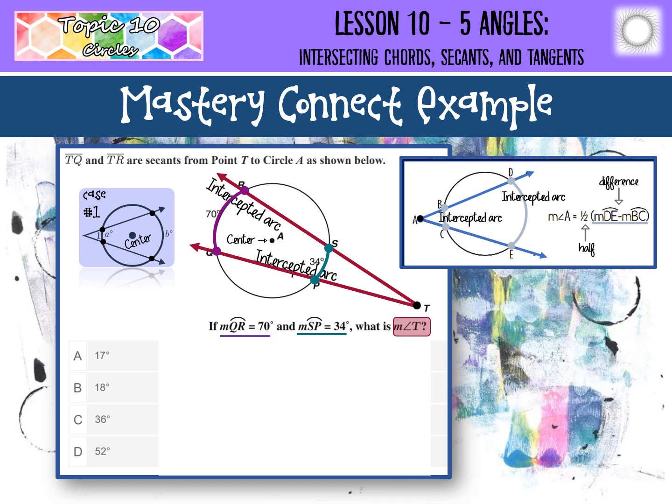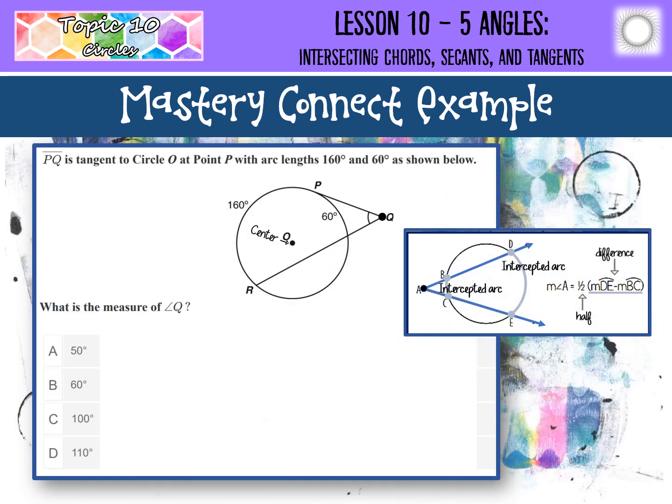Measure of the angle is half the difference of the intercepted arcs, and it's the one farthest away minus the closer one. So measure of angle T is half the difference of 70 degrees and 34 degrees. So simplify 70 minus 34, you get 36. Half of 36 is 18. B is our answer.